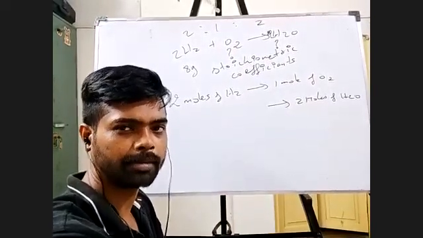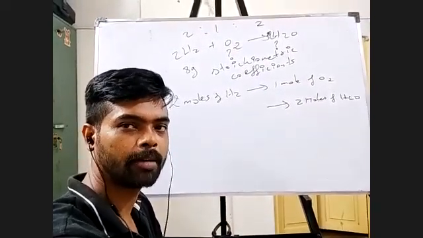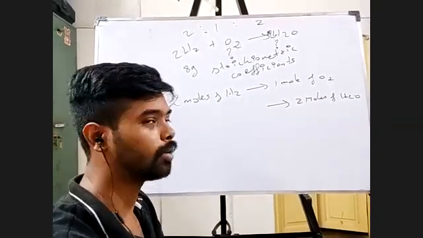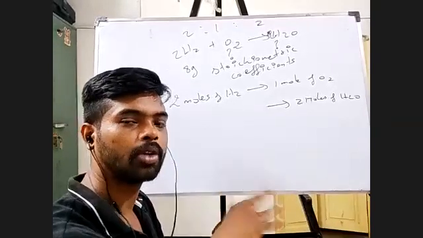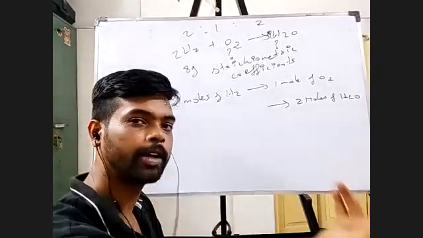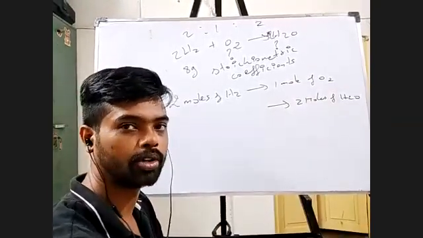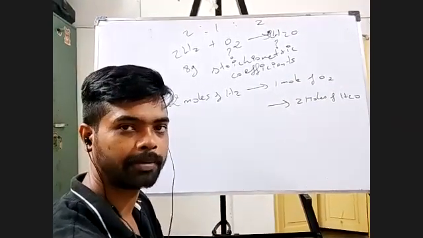You know how to convert it: number of moles equals given mass by molecular mass. So whatever data is given to you, convert it into number of moles, do the problem, and then convert the number of moles into whatever is required.